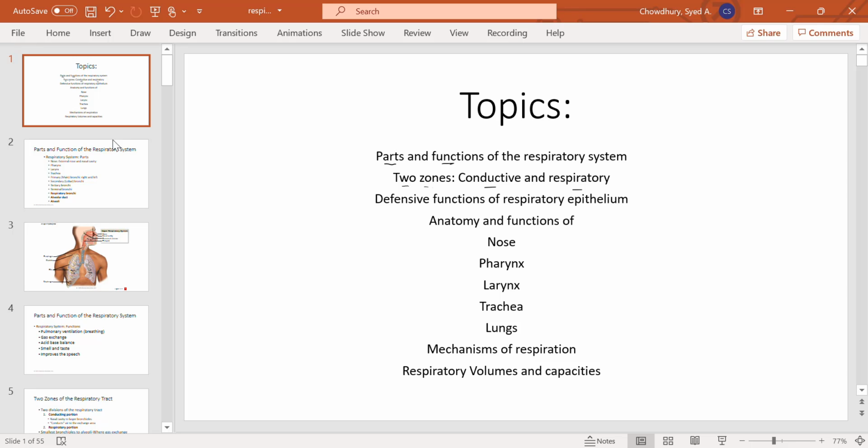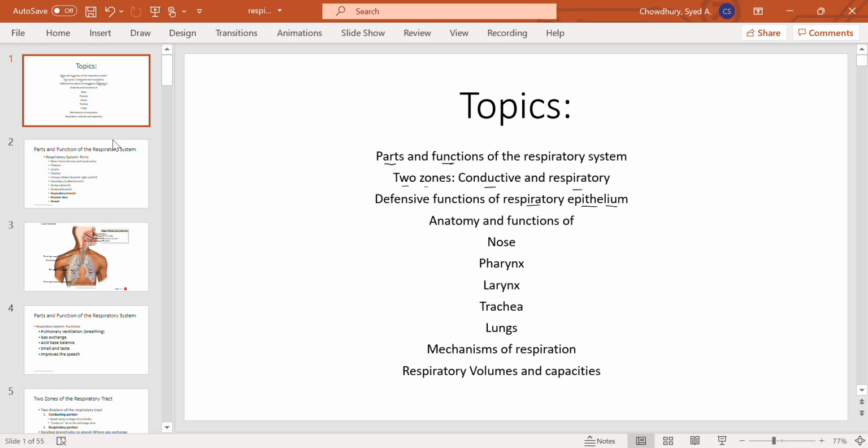We'll see what are those two parts of the respiratory system. Then we'll talk about the respiratory epithelium. Respiratory epithelium is the inner lining of the respiratory tract, and the respiratory epithelium is a part of your immune system protection.